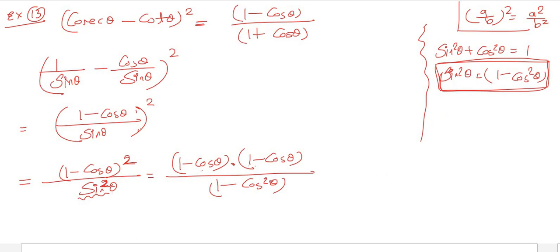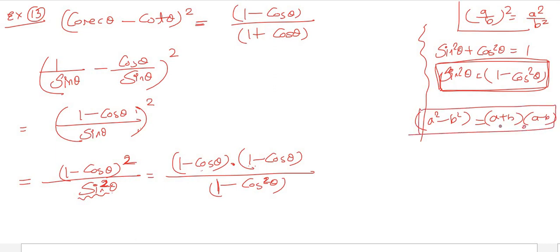And what is a square minus b square? It is nothing but a plus b and a minus b. This is a formula, right? A plus b into a minus b. So I will use it here. 1 minus cos theta by this I can use 1 square minus cos square.